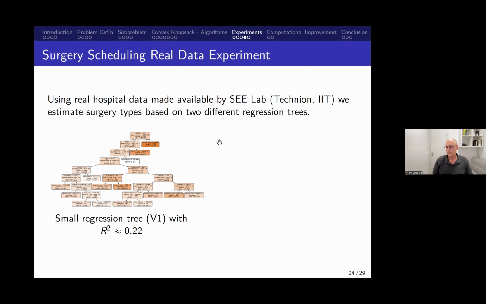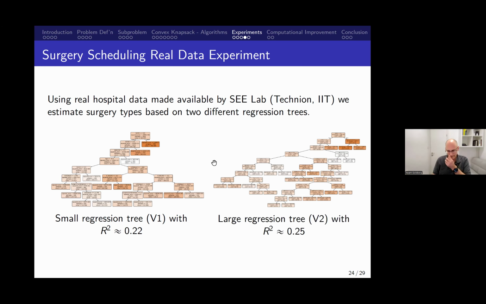So types is actually something we need to determine. You can think of the real problem as driven by data. We can predict surgery times based on different diagnoses and different information of each patient. It's not only a medical category.